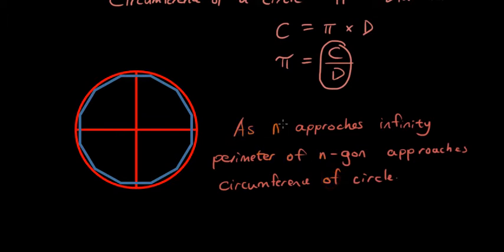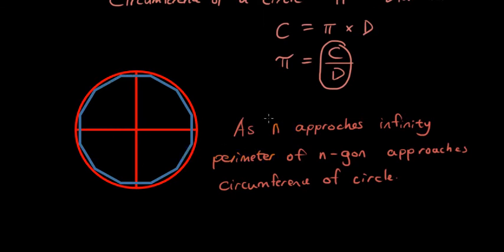As n, the number of sides of the polygon, approaches infinity, the perimeter of the n-sided polygon, or shorthand n-gon, approaches the circumference of the circle. Right? If I draw a regular polygon where all corners are touching a circle that has 5,000 sides, for example, then it'll pretty much look exactly the same as the circle.